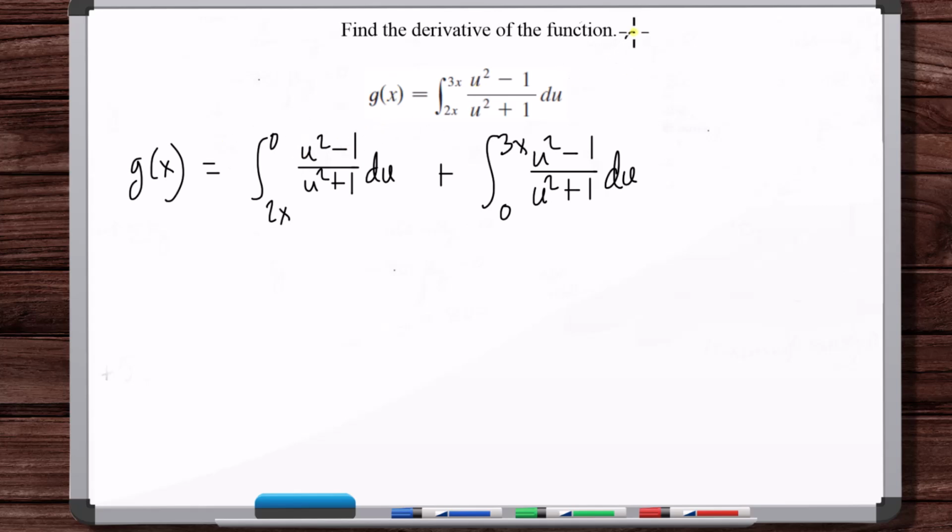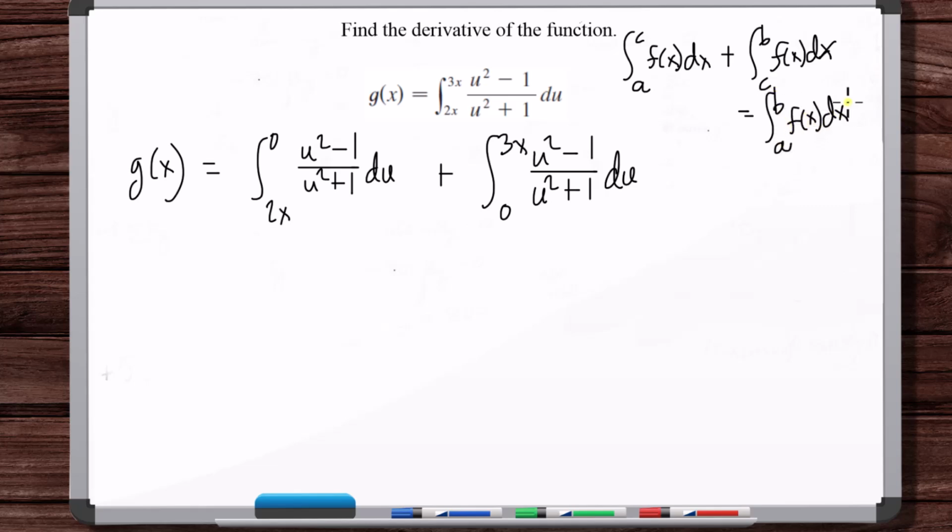And it all comes from this property. You say the integral from a to c of f of x dx plus the integral from c to b of f of x dx is equal to the integral from a to b of f of x dx.